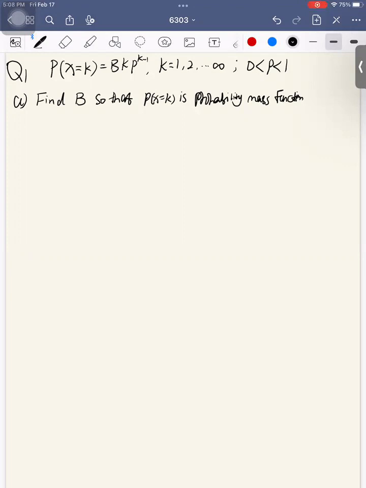The first question asks us to find the b so that P(X = k) is a probability mass function. To solve this equation, first we need to find the general form of how to represent the sum of p^k in another form.